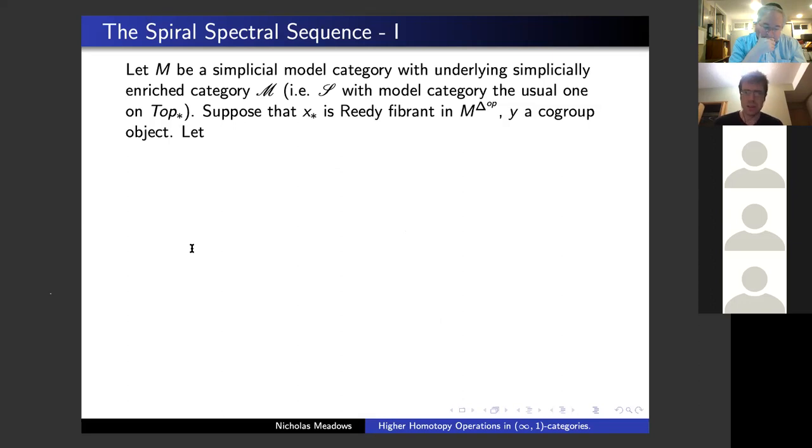The next construction, I can't really give all the details of this because it involves some technical things in abstract homotopy.